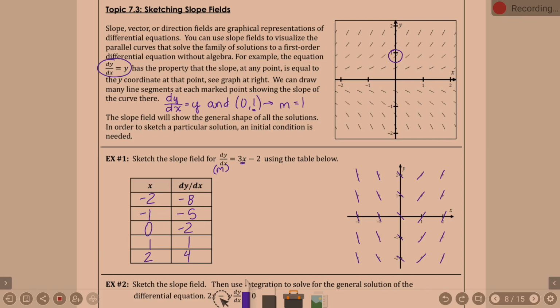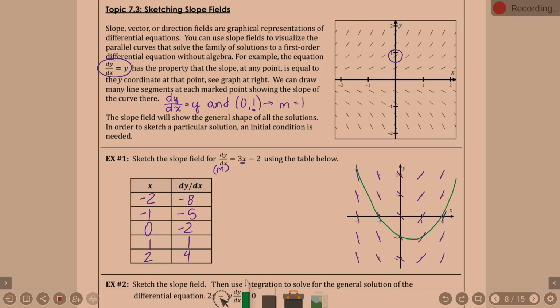Does it say later? Because I have a random one drawn in. I say a random one because did they give me a particular solution? No. Well, it doesn't go exactly with my line at 1, does it?